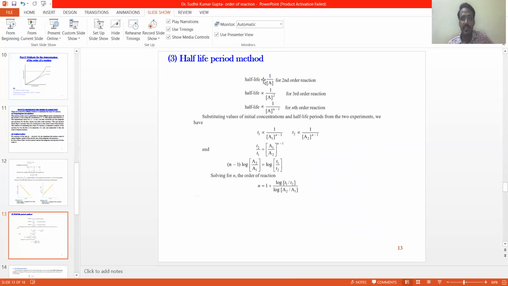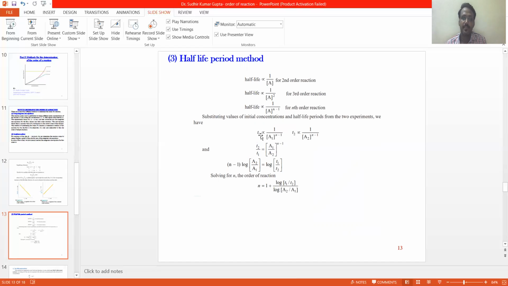We have seen that the half-life depends inversely on concentration raised to the power of n minus 1. That is, T half is proportional to concentration raised to the power of 1 minus n.